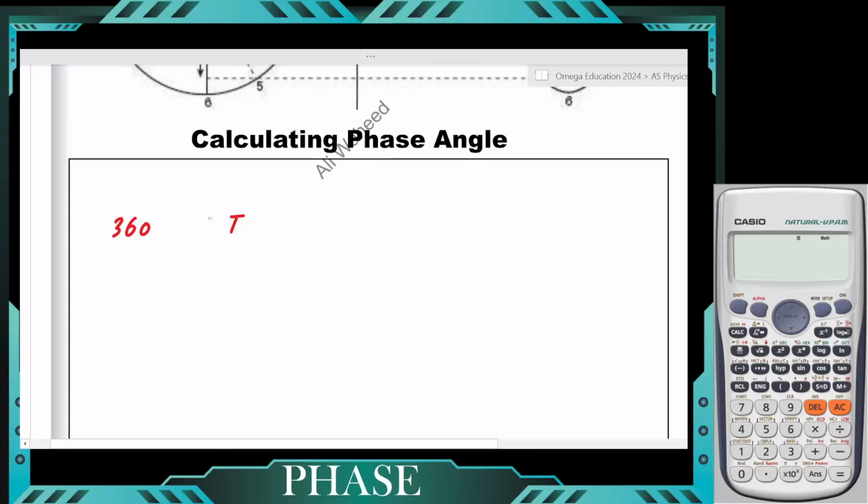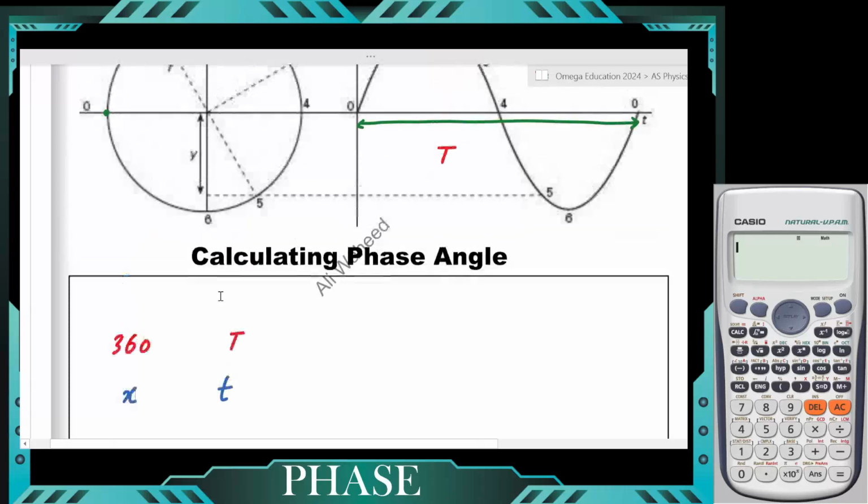And for a point which is, let's say, at a value of small t, the phase angle would be x. Now this point t could be anywhere, depending on the point for which they are asking you for the phase. The value of small t could be 0.1 second, 0.2 seconds, 0.3 second, 0.5 millisecond. It could be anything.